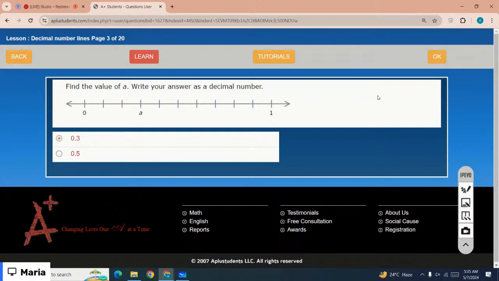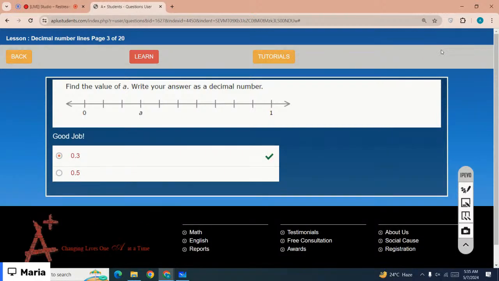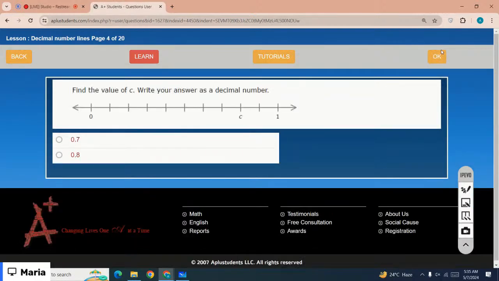Option number 1 is the correct option. 0.8 it is.